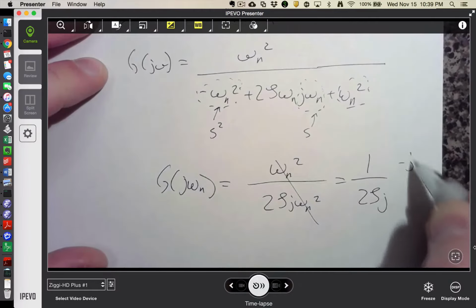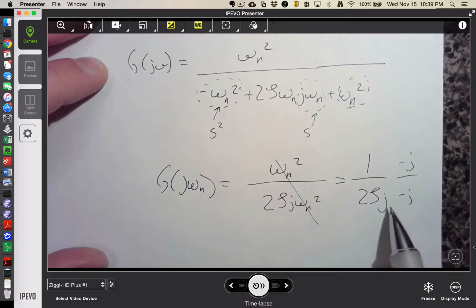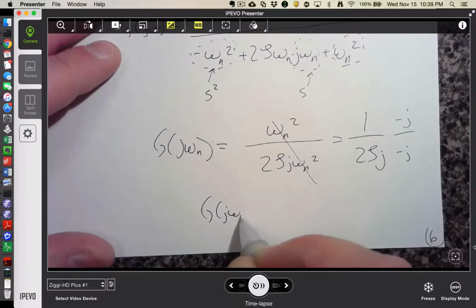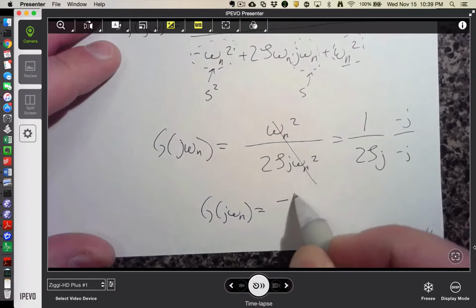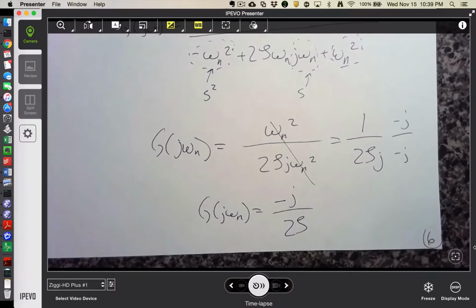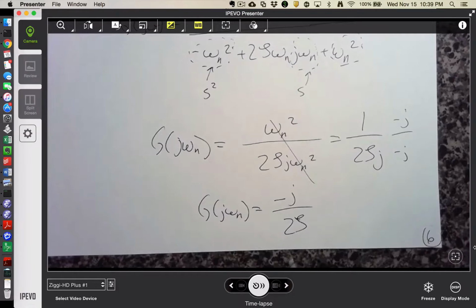I'm going to multiply through by negative j over negative j. I'll get a negative j squared, which is just 1. And so we're saying at resonance, we get a negative j over 2 zeta. So zeta has to be between 0 and 1.